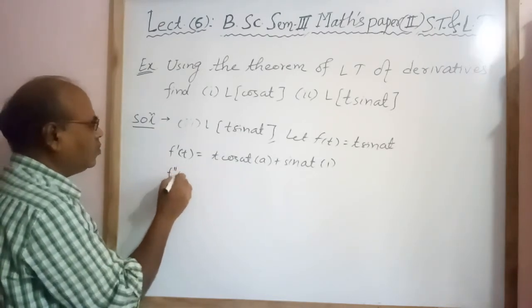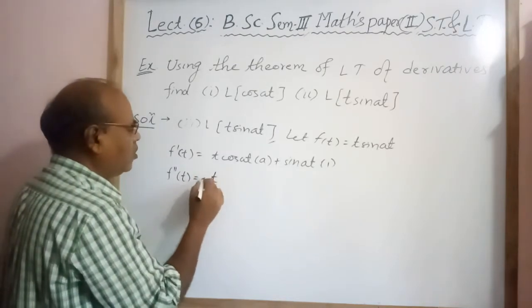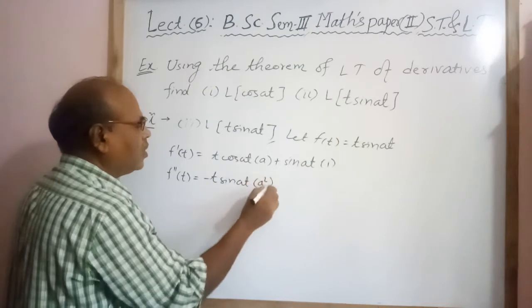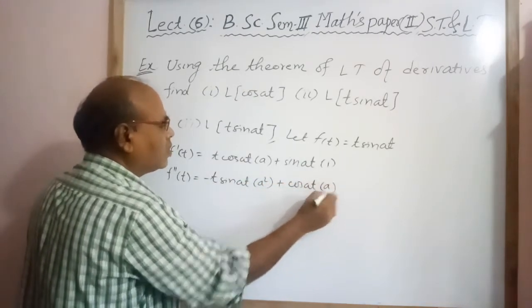Again take the second derivative f double dash of t: first into derivative of second, minus sin at into a, therefore a square, plus cos at into a.